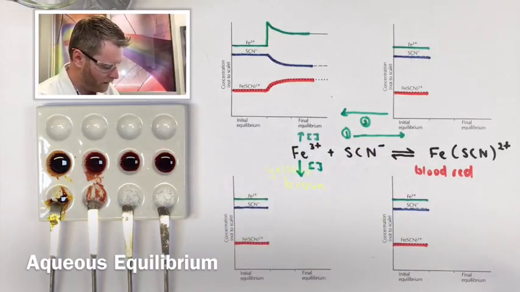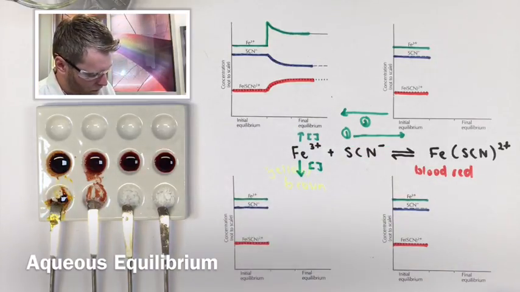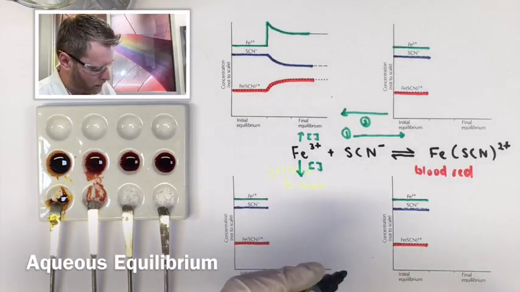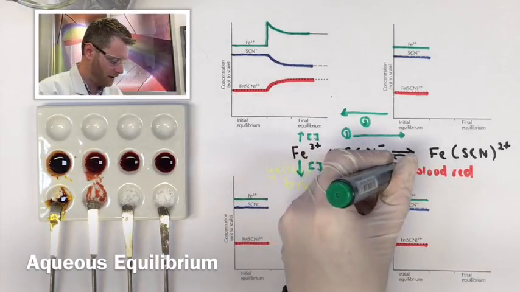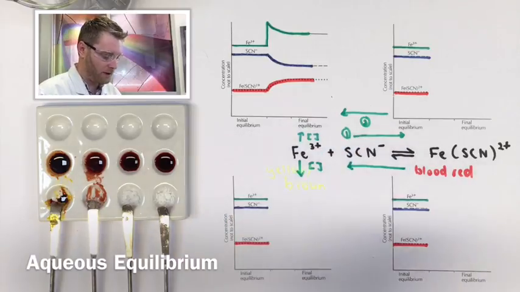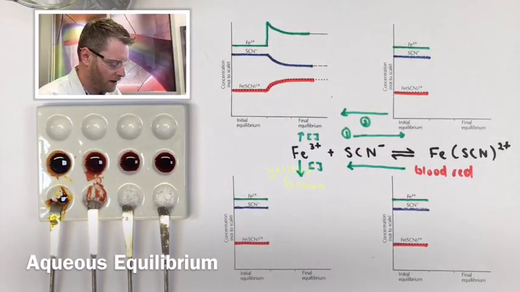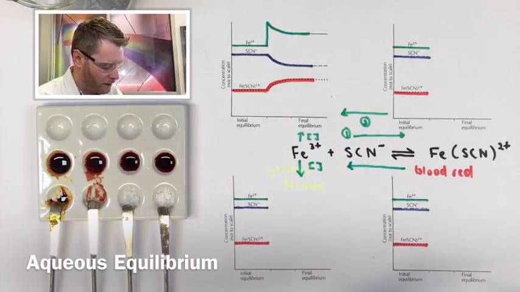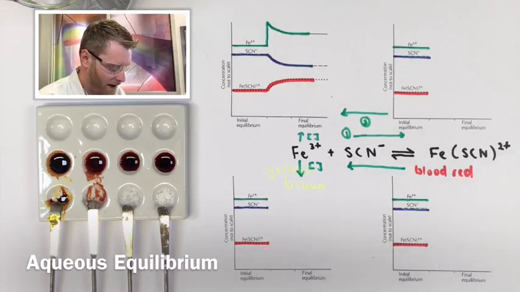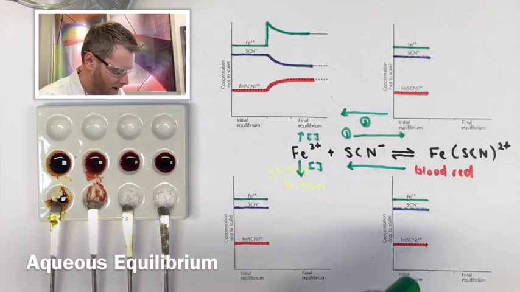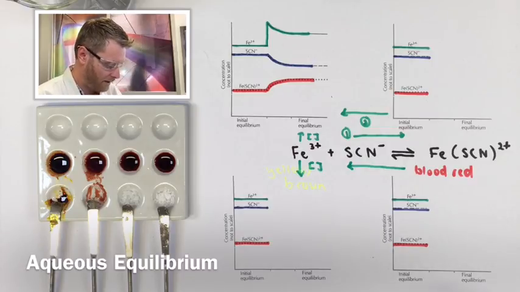If we're removing Fe3 plus, the system will try to produce some more Fe3 plus. So in doing so, it will have to shift the position of equilibrium to the left. If that's going to occur, then the concentration of FeSCN2+ must decrease, SCN- should increase, and then Fe3+ should increase again.